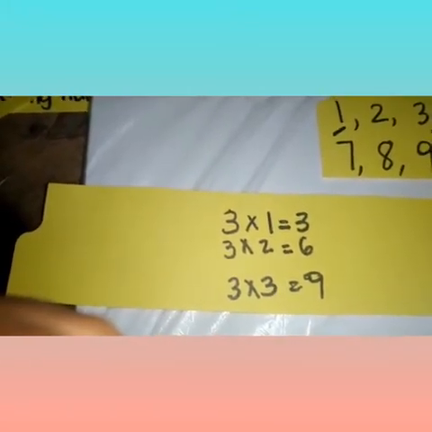So let's take 3 and 6 as an example. So the multiples of 3 are 3, 6, 9, and 12. And it continues. So we're going to use 3 dots to show that it continues.